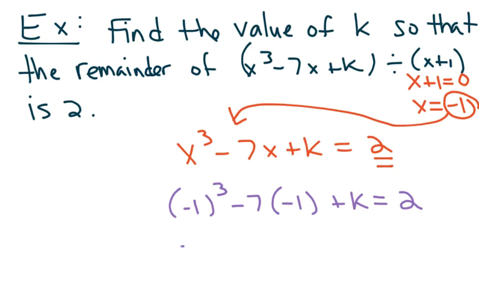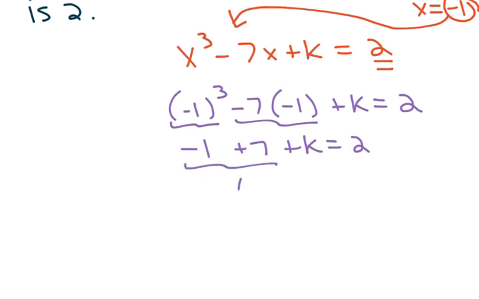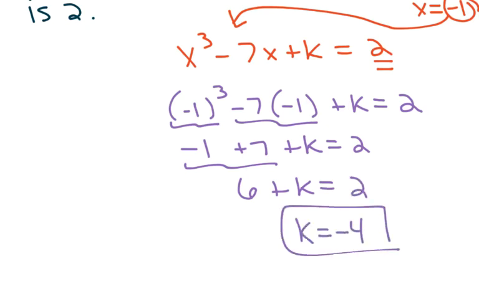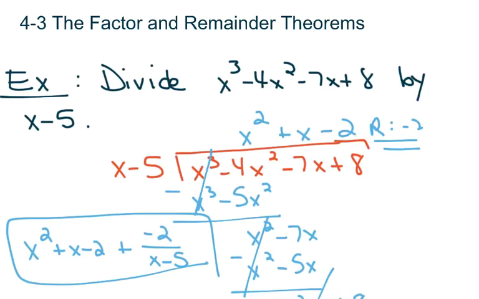So this is going to be -1, because that's what you get when you raise -1 to the third, plus 7 plus k equals 2, 6 plus k equals 2, so k is equal to -4. So in order for the remainder to be 2 when you do that division problem, k needs to equal -4. And that is the factor and remainder theorems.